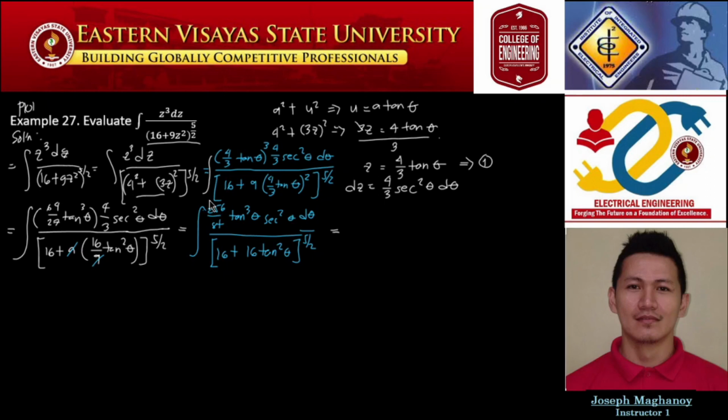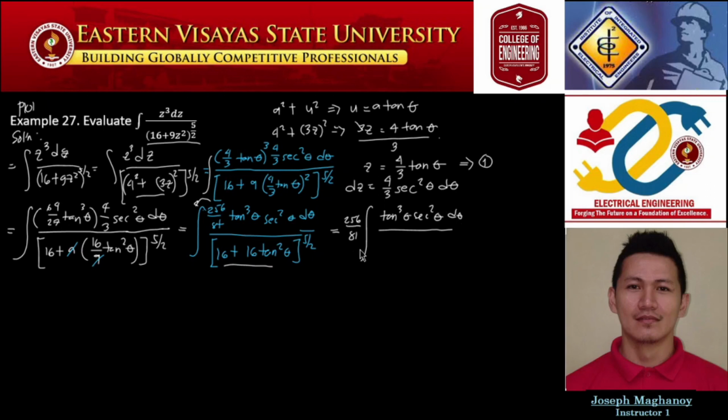So we carry out the real number constant and we factor 16 plus 16 tangent squared. Okay, so 256/81 integral of the quantity, the remaining tangent cubed theta, secant squared theta, d theta.